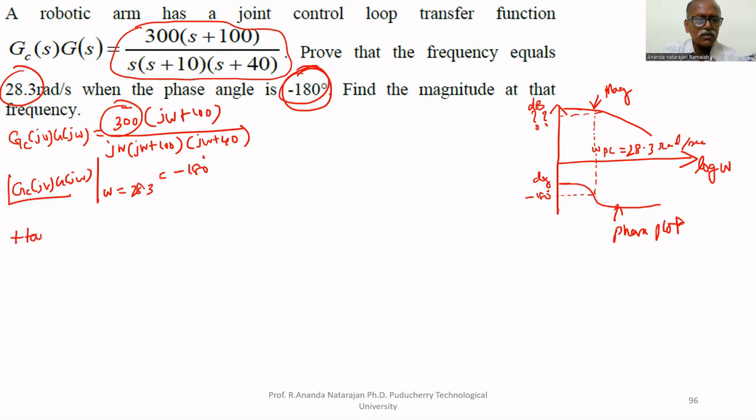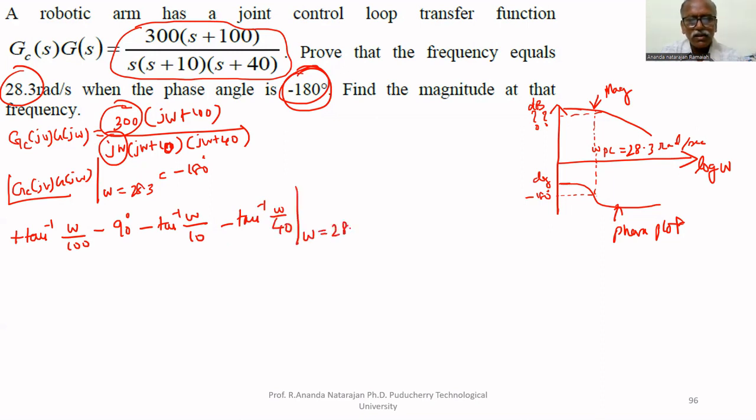Therefore, plus tan inverse of omega by 100, minus the angle of j omega, which is 90, minus the angle of j omega plus 10, which is tan inverse of omega by 10, minus tan inverse of omega by 40. At omega equal to 28.3, this must be equal to minus 180 degree.